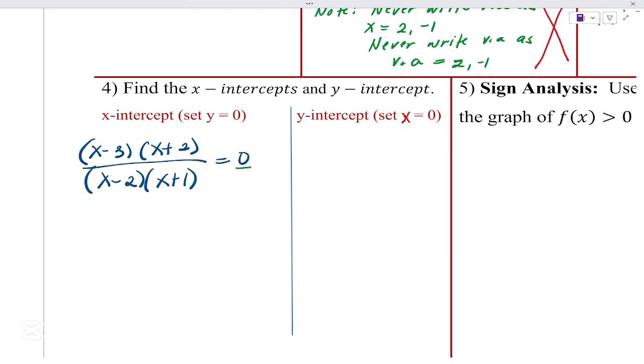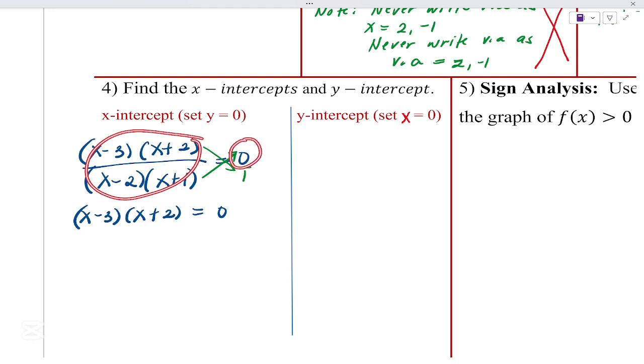Or you can put the 0 as 0 over 1, then do cross multiplication, which gives us (x minus 3)(x plus 2) equal to 0. So when this fraction is 0, it is enough to equate the numerator to 0.